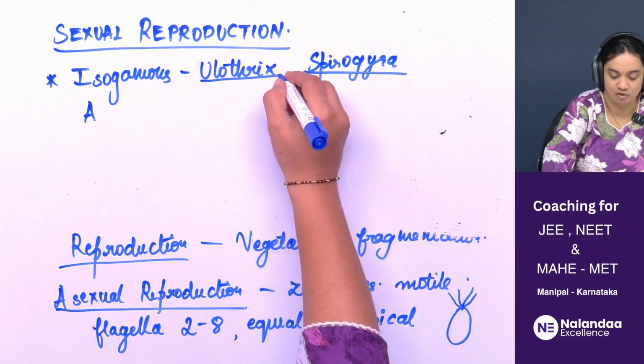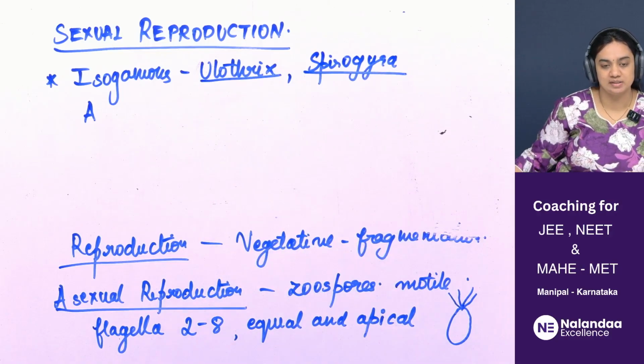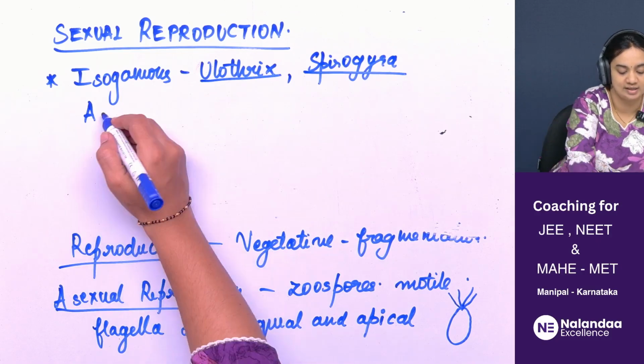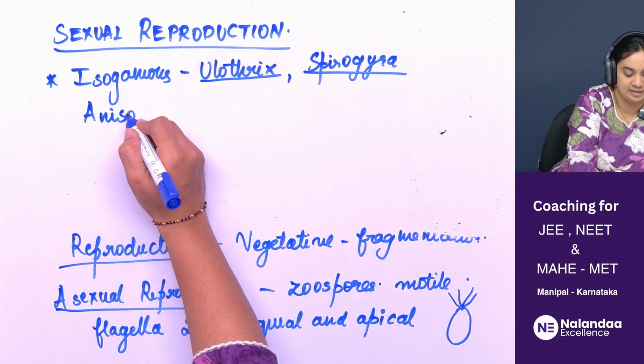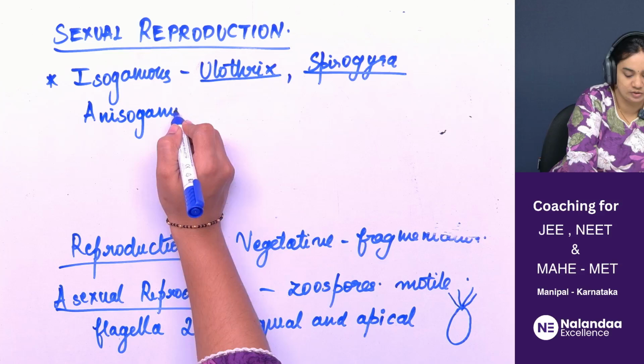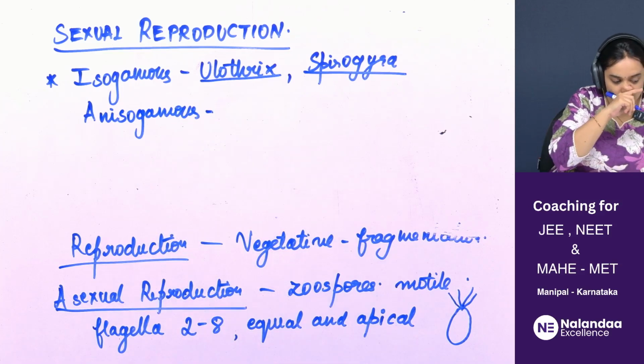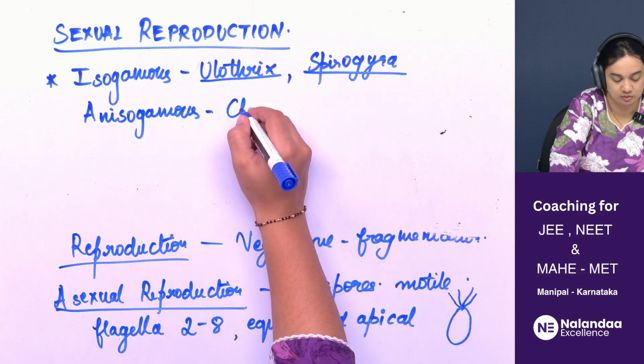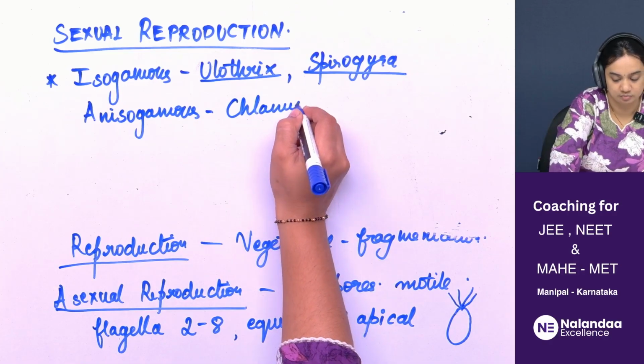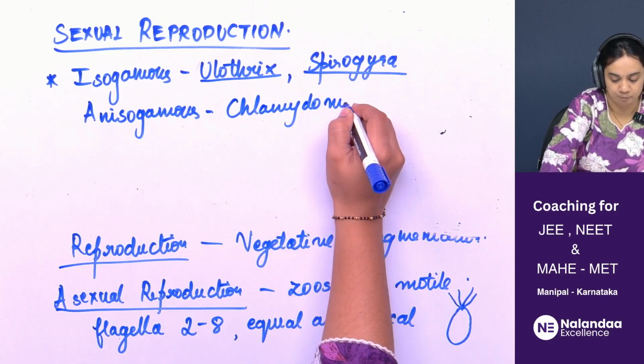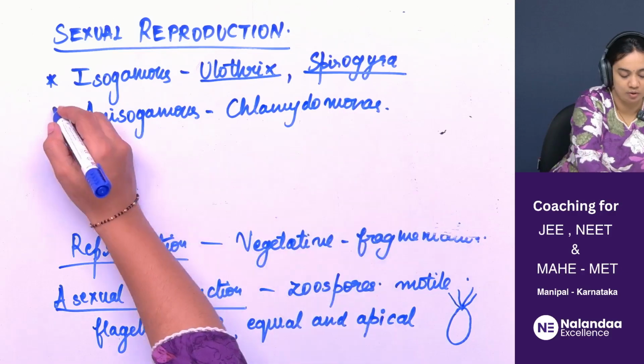So examples for algae that show isogamous type of sexual reproduction are Ulothrix and Spirogyra. Next is anisogamous. That is one more species, Chlamydomonas. That is also one more example.